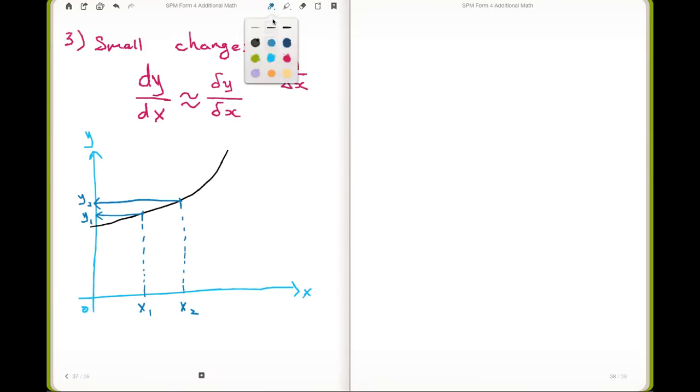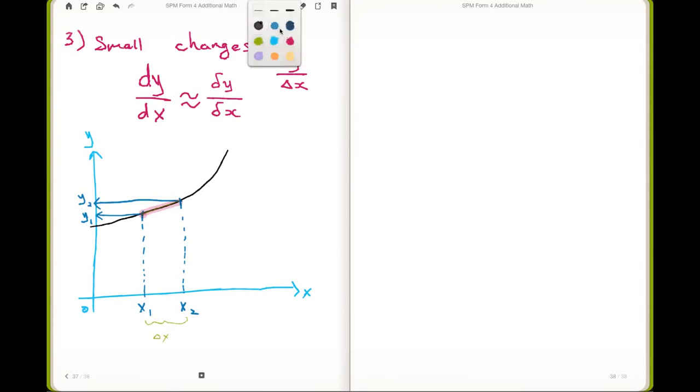If this change is tiny enough, the small change is small enough, therefore you assume, instead of a curve, that it is a straight line. I repeat, if the change from x1 to x2 is small enough, you may assume this line to be a straight line instead of a curved line.